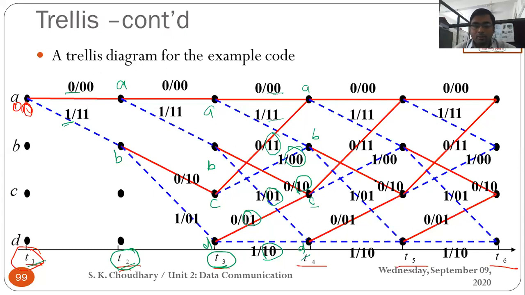At first sight it looks a little complex, but if you understand the method of drawing this diagram, it is very simple, and simpler than the previous methods we learned for the different types of coding. This way we reach the last time instant t6.